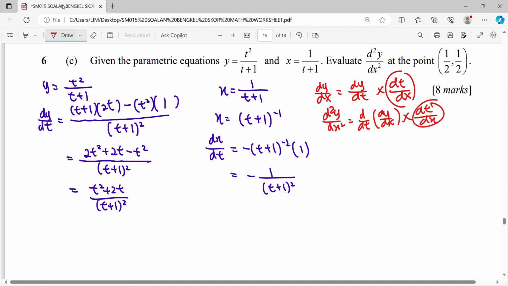So, what we need here is not dx/dt, we need dt/dx. Inverse it. Terbalikkan dia. Then only this dy/dt and dx/dt is ready to help you to find dy/dx. Alright, so for the first part, dy/dx first.